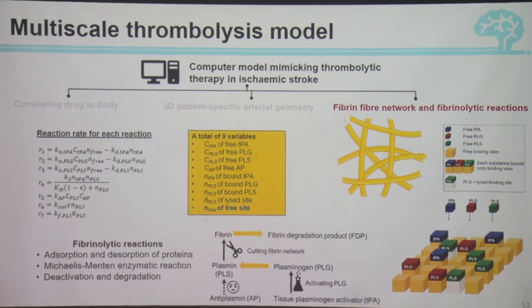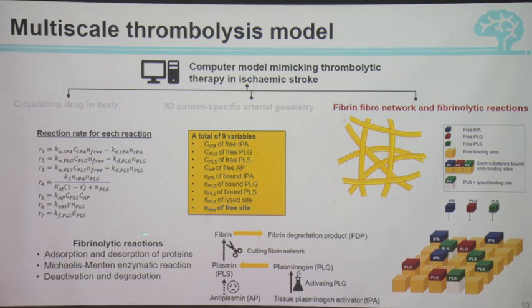Right, so this is not the whole set of equations, just a representative list. These are the key reaction equations, these are the reaction rates for each of the reactions, and these are the number of species. These lists can go on. It depends on the drugs that you model and the complexity that you want to introduce.